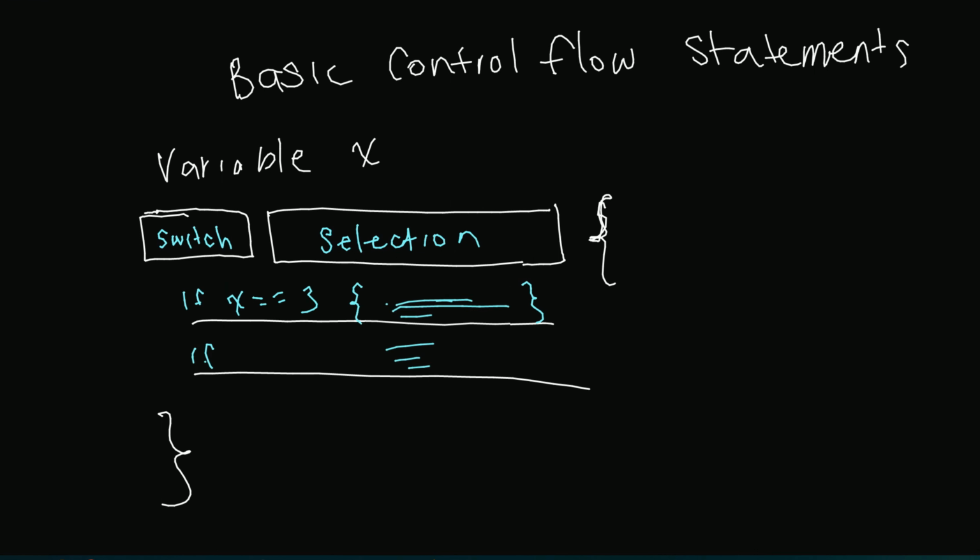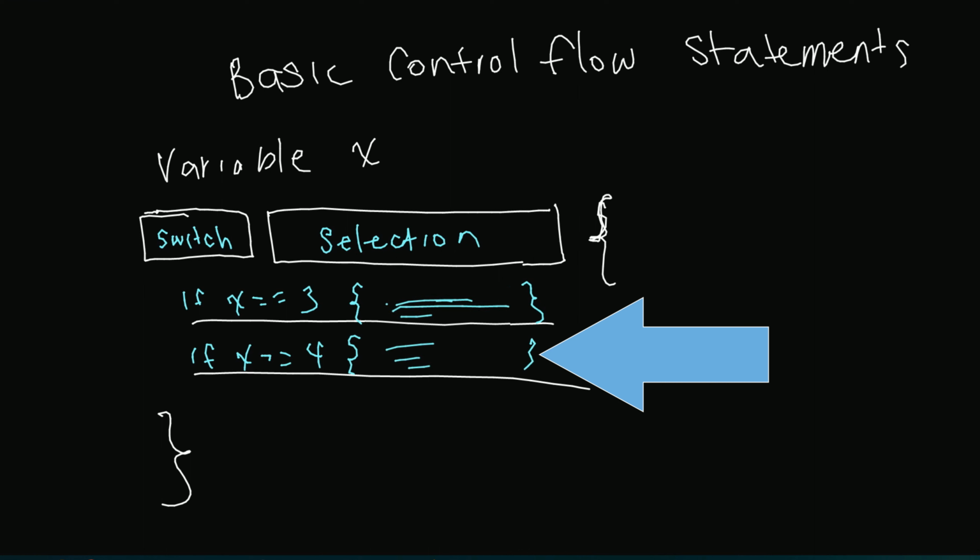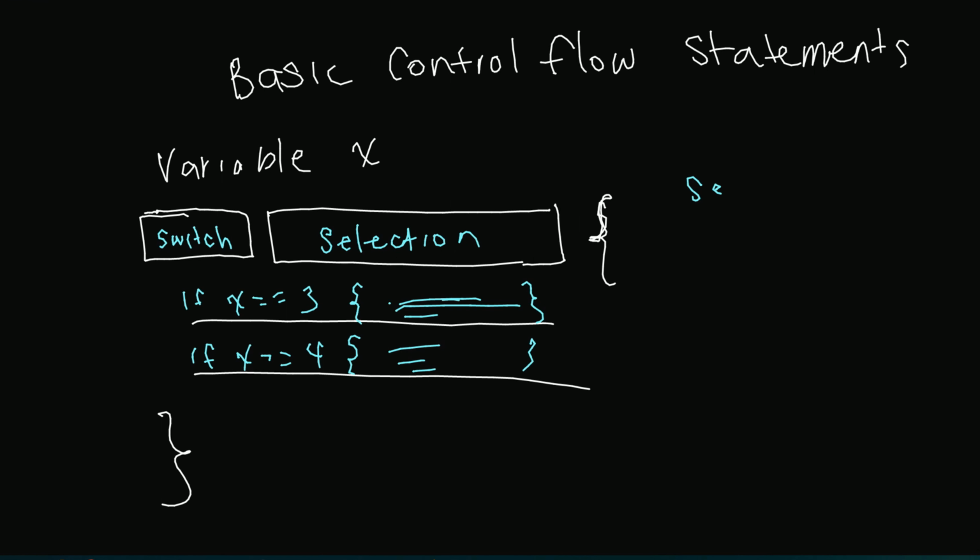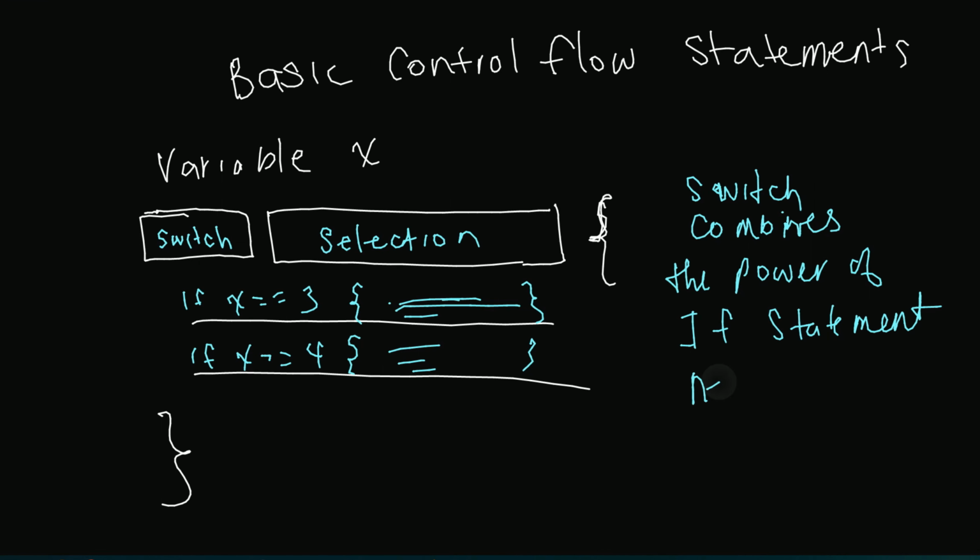And now, if x is 4, we're going to process these lines of code that correspond with the statement x equals 4. So the switch statement combines the power of the nested if statement.